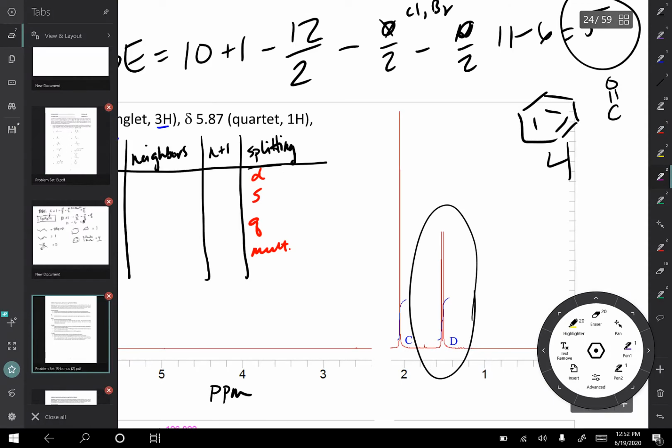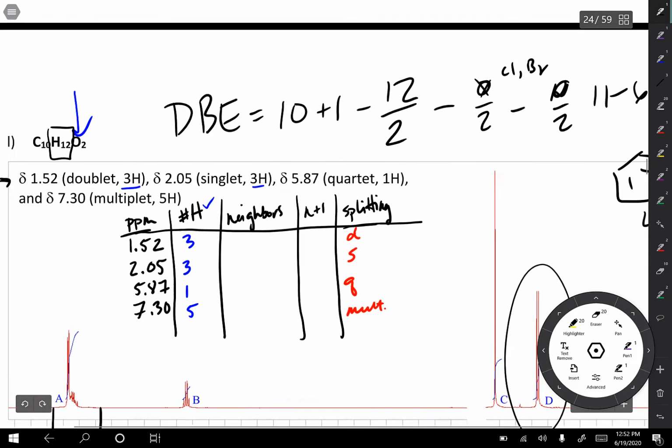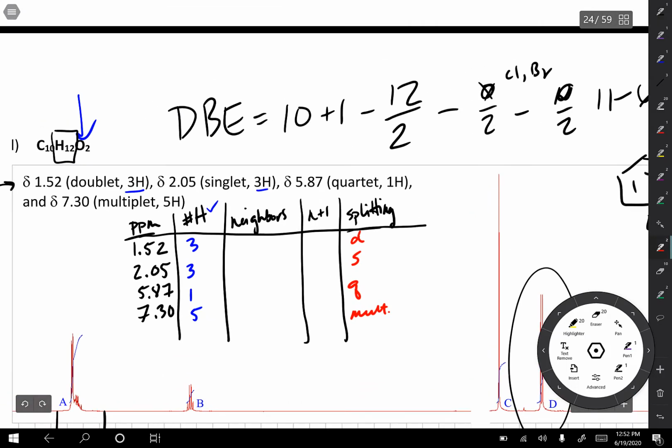Okay, so here's our example. Right now, let's look at the red, what I have drawn in red. We have the splitting that I just talked about. We've got a doublet, a singlet, a quartet, a multiplet. What does that mean for the number of neighbors? Well, we can figure that out, right? We know that for a doublet, the n+1 must be 2, right? For a singlet, it would be 1.